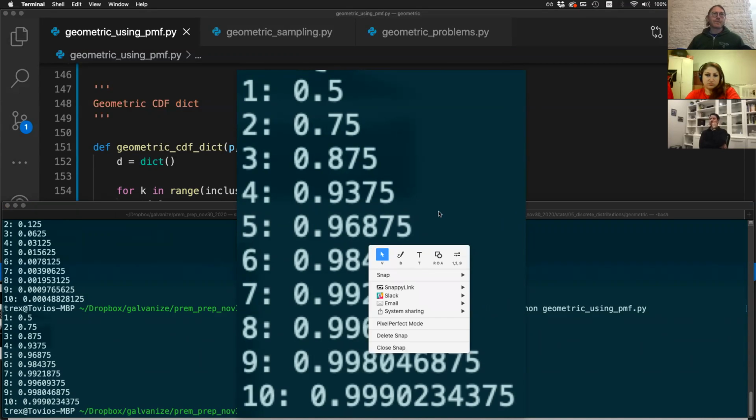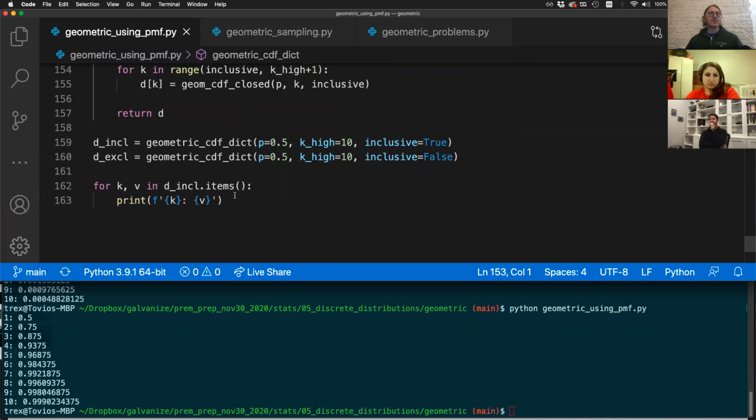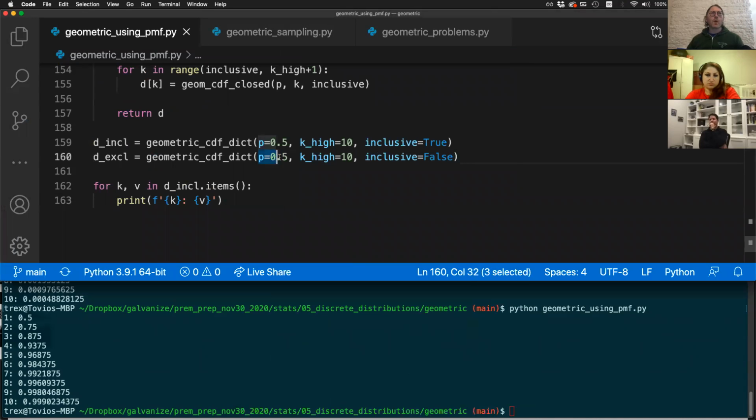Something to keep in mind, it doesn't matter what your probability is here. In a theoretical sense, you're never going to get to 1, right?